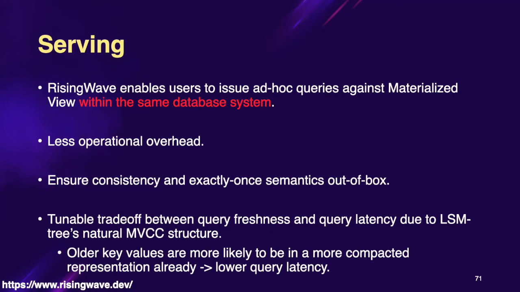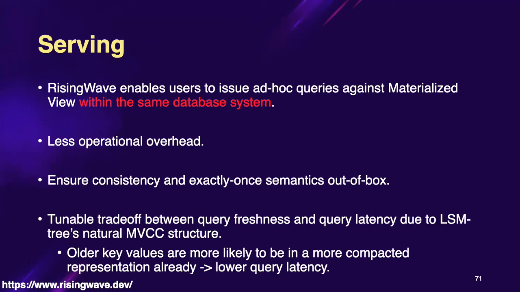And the third one is that our materialized view is also stored in this LSM tree data structure, right? So in an LSM tree, we normally have multiple values for the same key, because some of the values may be stale, right? They are older values, but older values can still be queried, right? And older values are more likely to be compacted already.